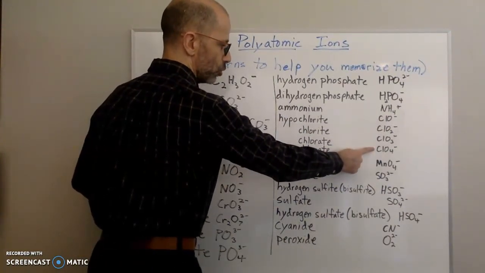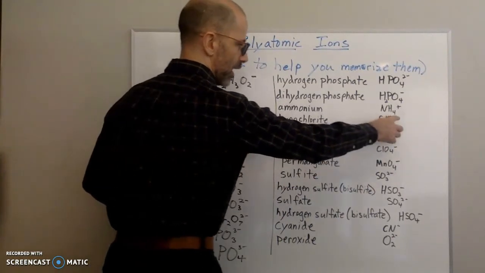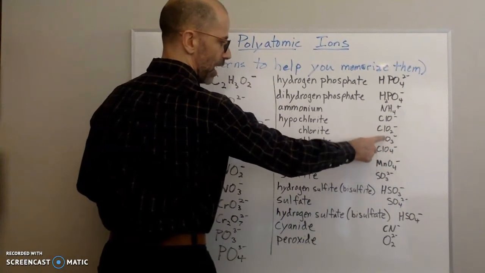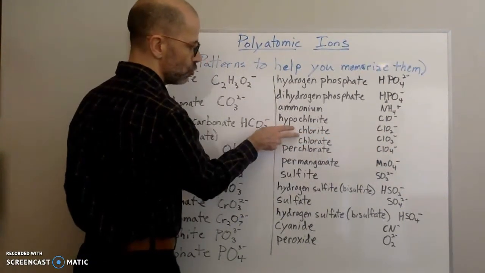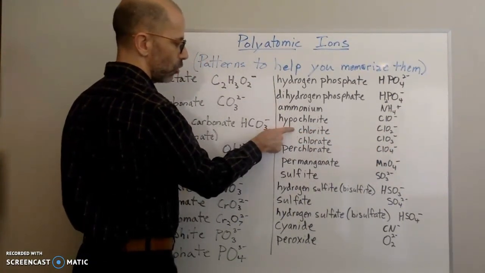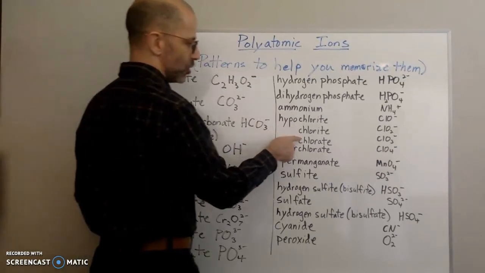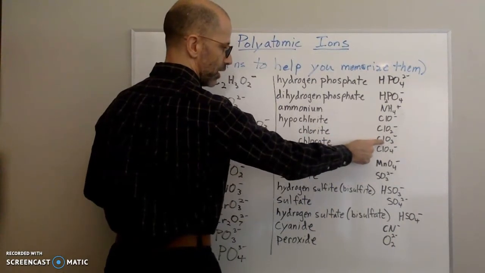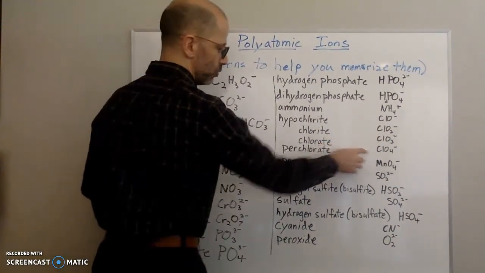They all have chlorine and oxygen. They all have a -1 charge, but the difference is the number of oxygens. So we just said that the 2 middle ones are chlorite and chlorate, and chlorite has 2 oxygens, chlorate has 3 oxygens. Well, what about this one?